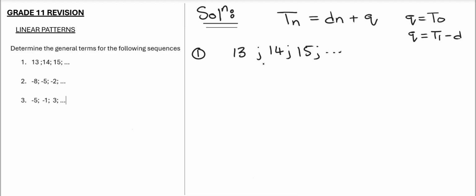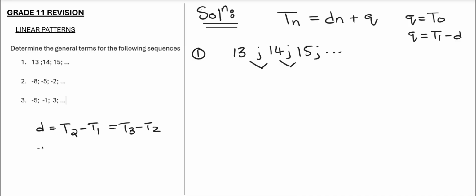So now we need to first find the common difference here. The common difference is going to be equal to T2 minus T1, or we can say T3 minus T2.